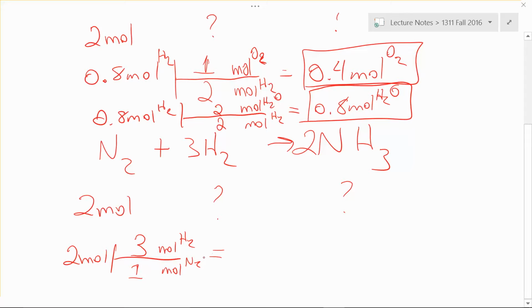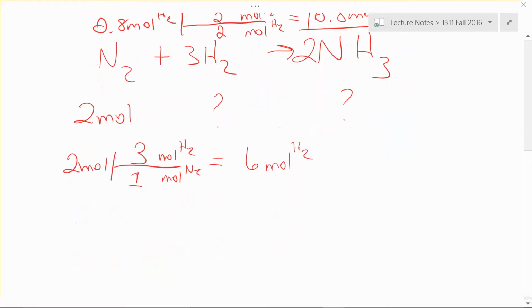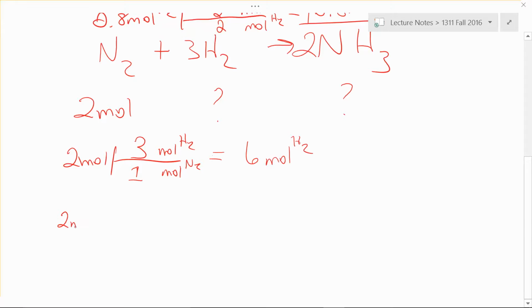So how many moles of H2? 6 moles of H2 are needed to react with 2 moles of N2. Okay? 2 moles of N2. This is N2.